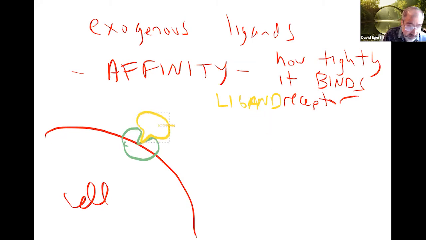Gets in there, hangs out a little bit, and then it breaks off. So low affinity means it gets in there, but it doesn't hold on that tightly, and it tends to leave pretty quickly. High affinity is it binds really tightly. It goes in there and it really stays, and eventually it has to break off, or else it's like breaking the key off in the lock. But high affinity is going to spend a lot more time connected to the receptor and having an effect there.